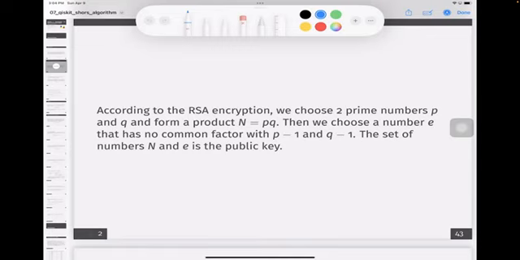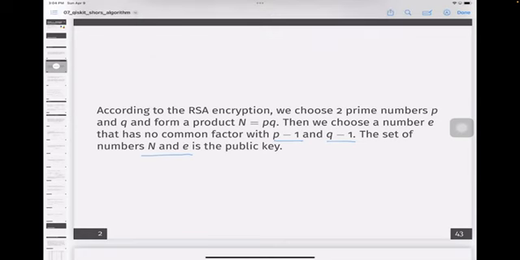The number E has a property such that it doesn't have any common factors with P minus 1 and Q minus 1. Okay, and then the pair of numbers N, E is called the public key.